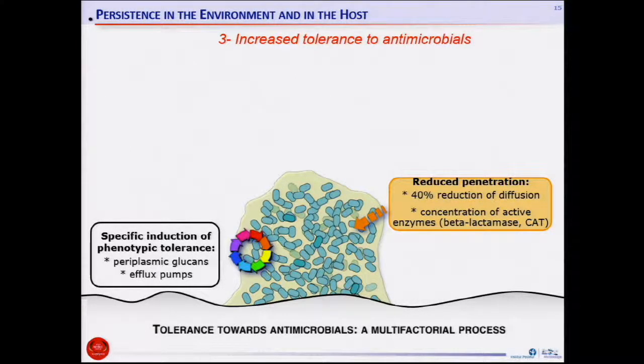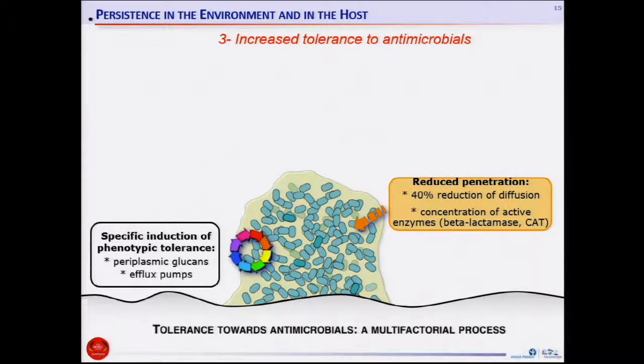In general, in the matrix you will find about 40% reduction of diffusion. That means that for a certain time, when the antibiotic is reaching the bacteria, they will face a concentration of antibiotic that is not strong enough, that is not reaching the MIC, and then they will be inducing some mechanisms because they have only a little concentration of the antibiotic, and then they can respond much better to the antibiotic.